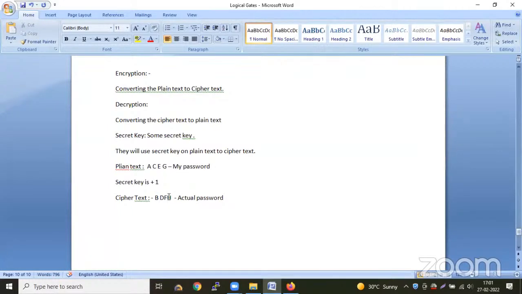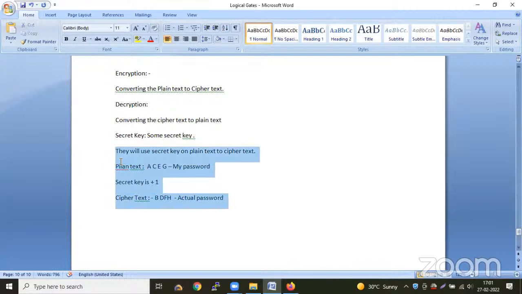So my dear friend, ACEG is my password, but you have to use +1 as the secret key. The user will do A +1 means B, C +1 means D, E +1 means F, G +1 means H. This is the way I can convey it and get security for my password. Understand? Yes, sir.